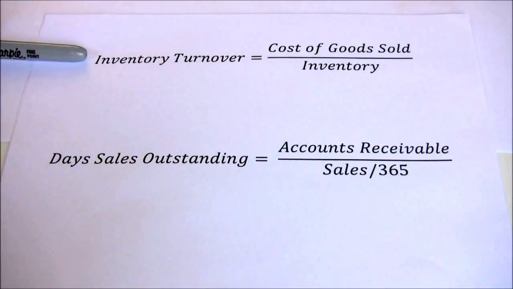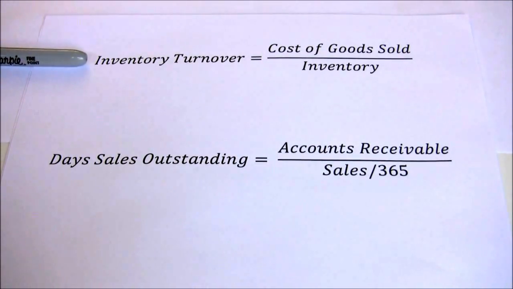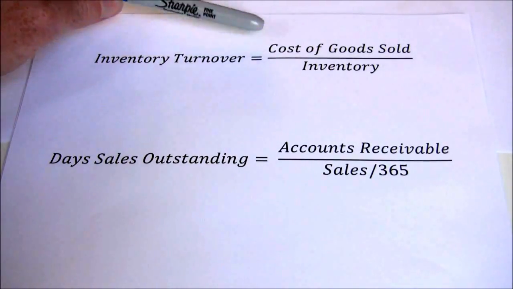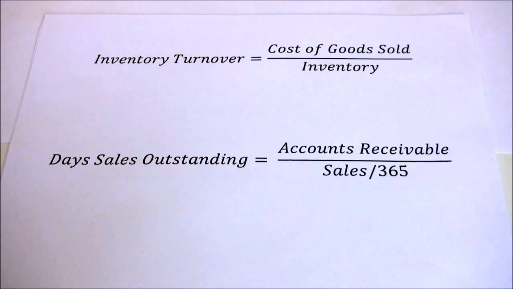Now, inventory turnover I've seen used different ways in different books. Some books use cost of goods sold as the numerator, some use sales as the numerator. I think there's arguments made for each. One of the problems with sales is that it doesn't really reflect the cost of the inventory, it includes your profit margin.